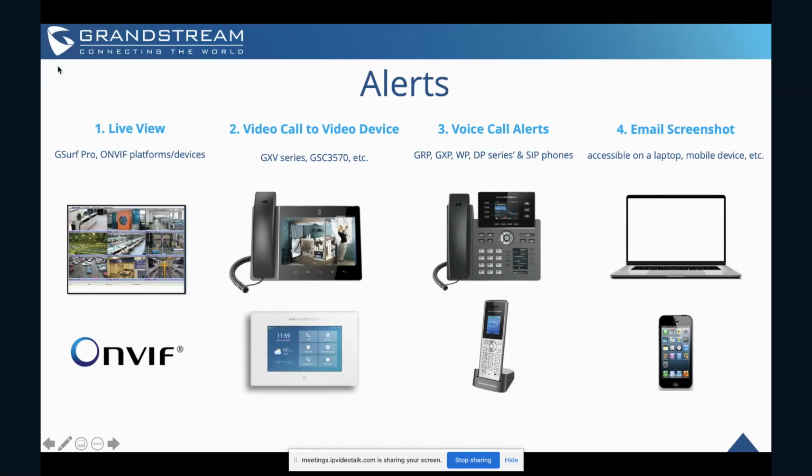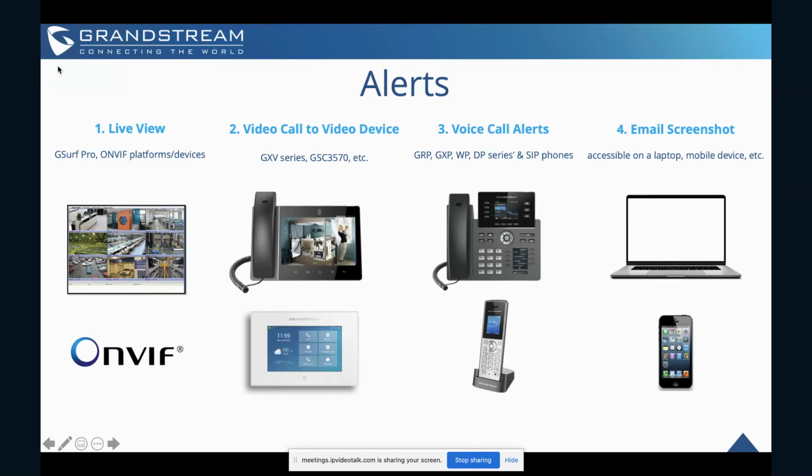Our cameras can also, because they're SIP devices, provide voice call alerts. So you can pre-program a message that can go out to, I believe it's up to three different SIP extensions from the cameras, saying, hey, camera 5 has sounded an alarm. Please check it. Something like that.